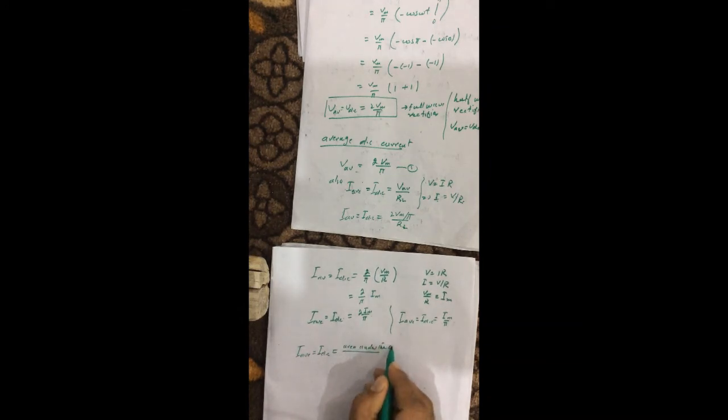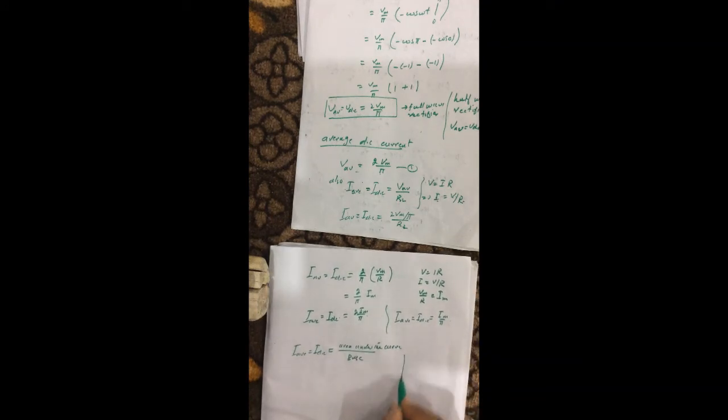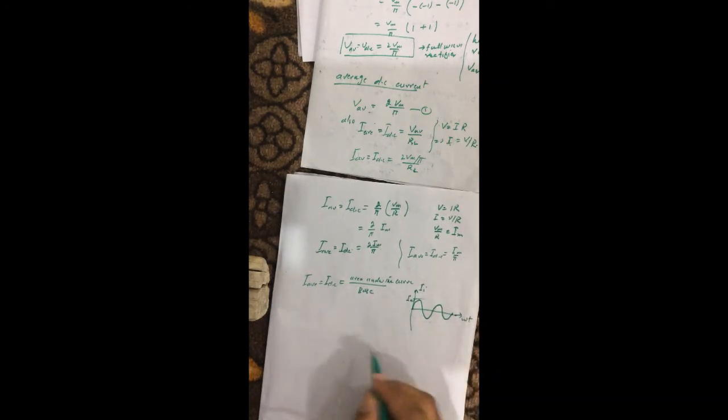This is the value. We can also calculate this value by using the formula I average, IDC, is equal to area under the curve divided by base, because we have the output and input voltage current. This is the input current I. This is the I maximum value of current, and here we have omega t.